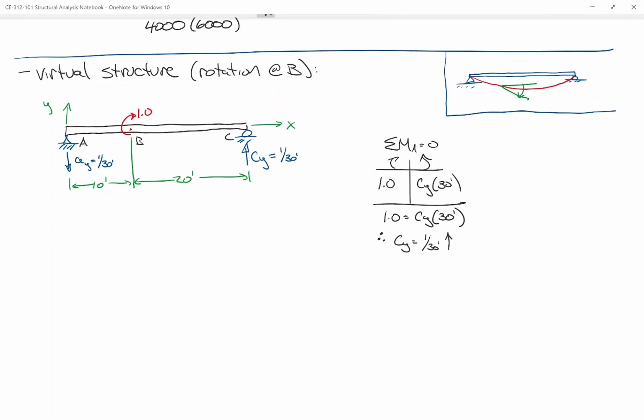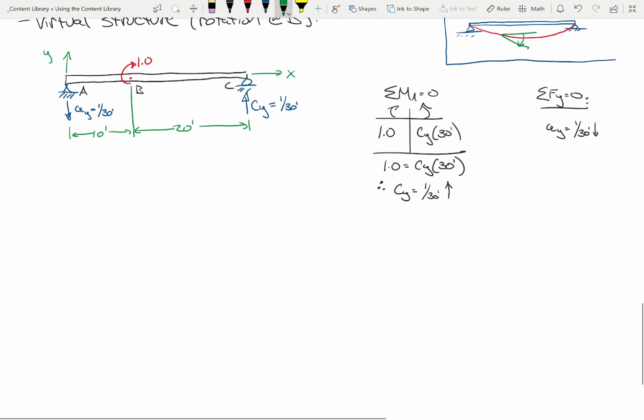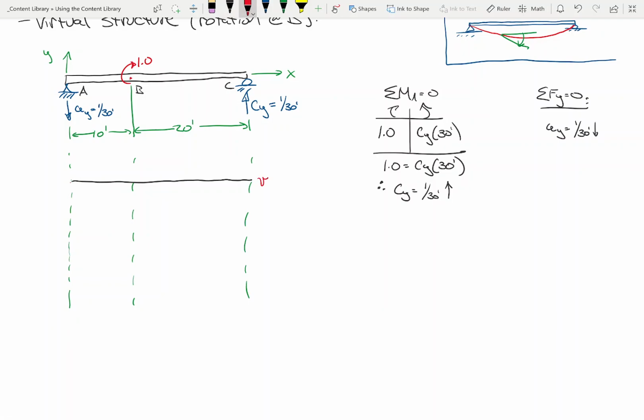All right, so by the way, what does the shear diagram look like? And what does it look like if I start at 0? Down 1 over 30 and all the way to the right. All the way up.